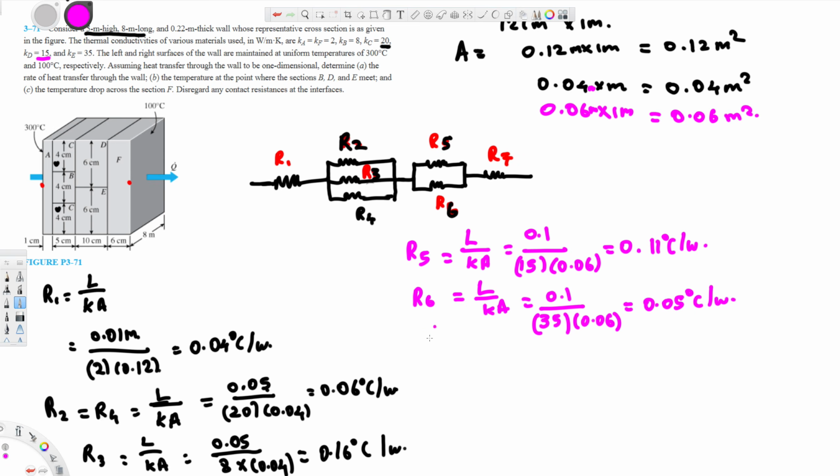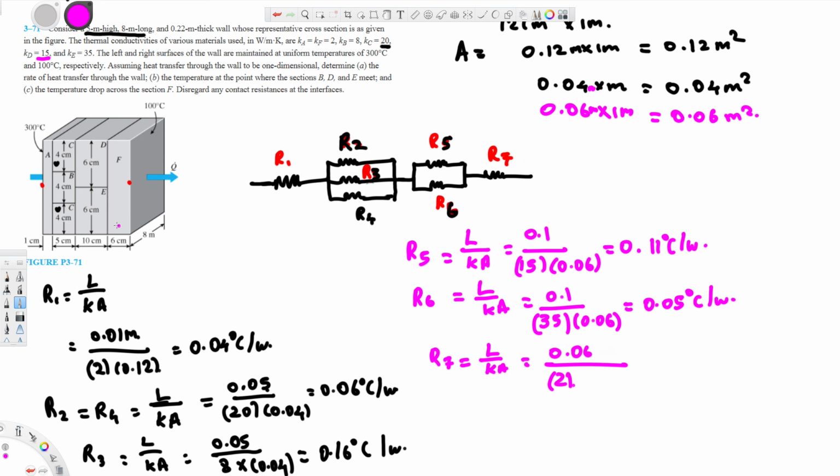Let's go to the R7. R7, again the same equation, L over Ka. L is the thickness, that is 6 centimeter, so this is going to be 0.06 meter, divided by Ka. Let's avoid the units for now. K for F is given by 2, so this is going to be 2 multiplied by the area.